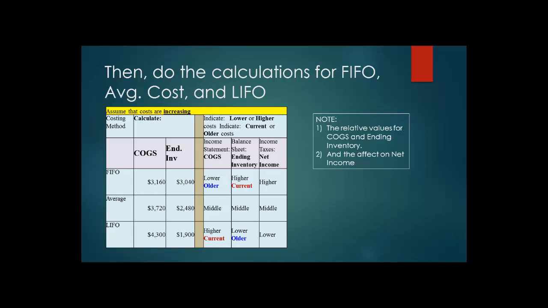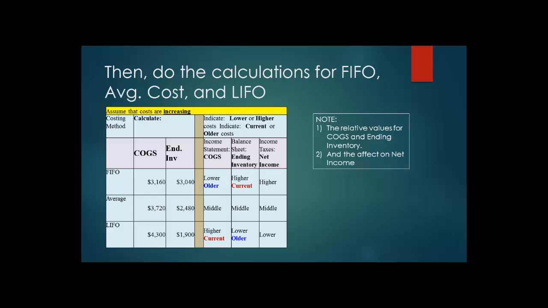Here we have cost of goods sold in times of increasing prices. Cost of goods sold using FIFO is the lowest when costs are going up. This makes sense. First in, first out means we were using the oldest costs, and in this case they were the lower costs, because when prices are increasing, cost of goods sold using FIFO is using the oldest lower costs.